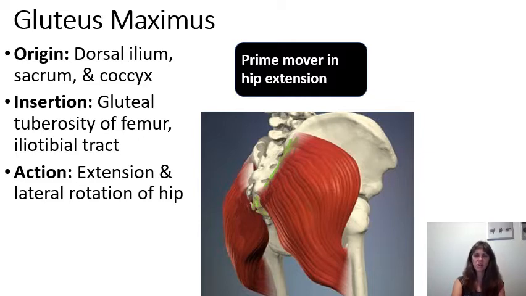It inserts on the gluteal tuberosity of the femur and the iliotibial tract. We'll discuss the iliotibial tract in an upcoming slide. The action of Gluteus Maximus is extension and lateral rotation of the hip. Gluteus Maximus is the prime mover for hip extension.